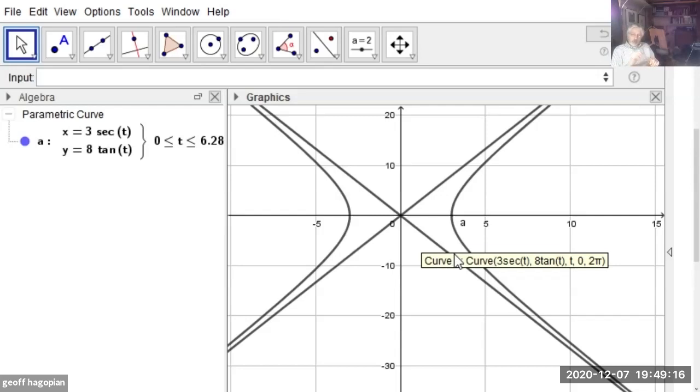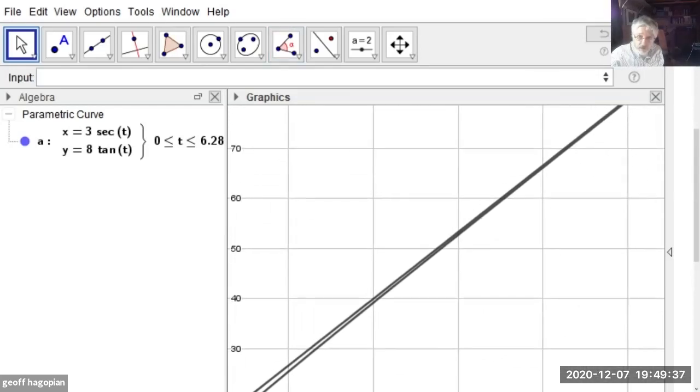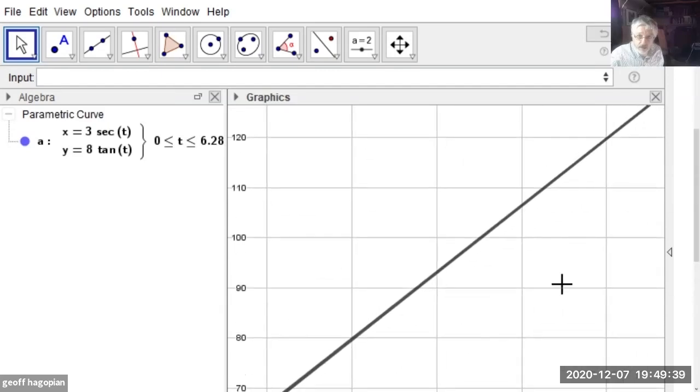It doesn't actually draw every point on the curve because there are infinitely many points and a computer is a finite machine. So it simulates that by drawing points which are pretty close together and then connecting them with a straight line. But when it gets out to the end of the asymptote here, out here, does it go forever?